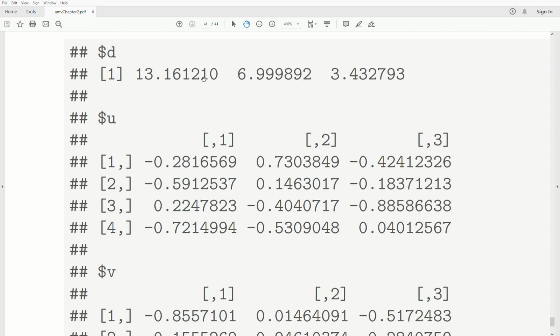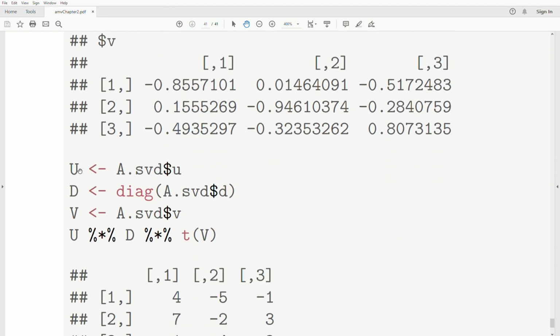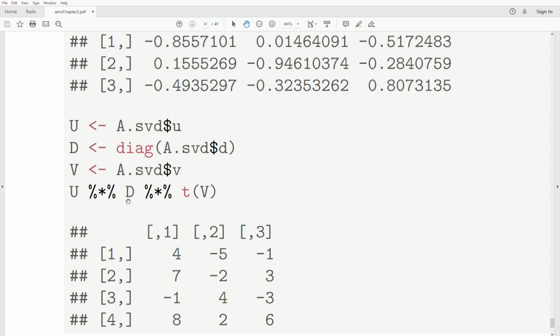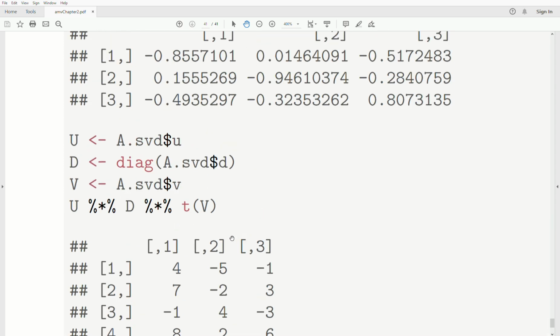So this is D. So these are the singular values of A. The U. So these are the eigenvectors of A A transpose. And this is the eigenvectors of A transpose A. But let's store each of those in its own object. So let's store U into capital U. Create a diagonal matrix of the D. And store V into capital V. And if we look at U times D times transpose of V, we get our original matrix back, the A matrix. So it does work.